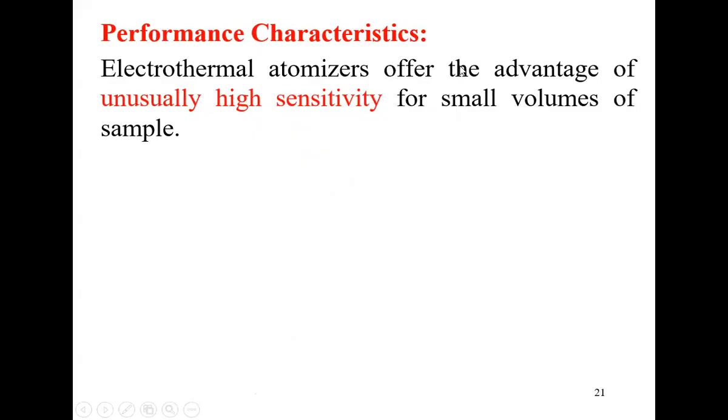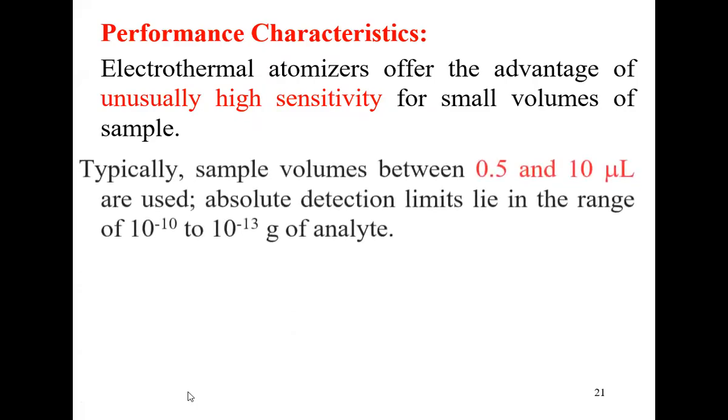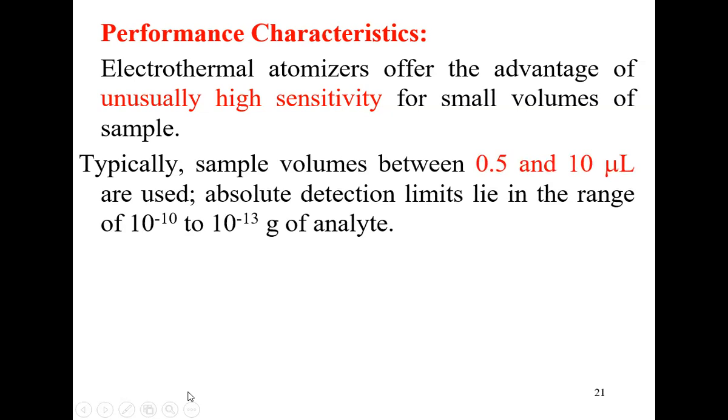Okay, the performance characteristics of electrothermal atomization. We have said electrothermal atomizers offer the advantage of unusually high sensitivity for very small volumes of the sample. Typically, we have said 0.5 to about 10 microliters, and therefore absolute detection limits lie in the range of 10 to the minus 10 to 10 to the minus 13 grams, typical ppb levels.